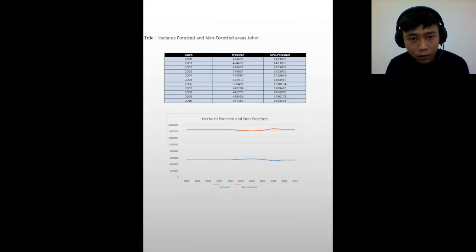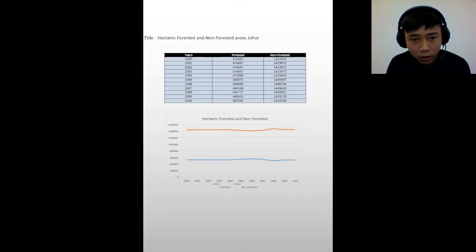So next, this is a graph for line graph. The title is Hectares, Forested and Non-Forested Areas in Johor.